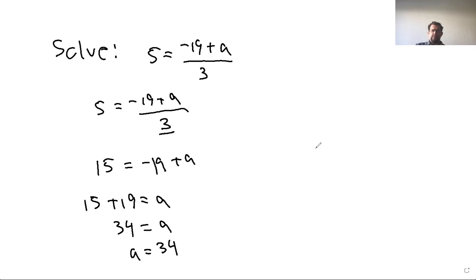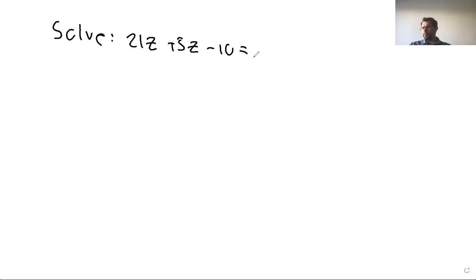We're going to have a variety of combinations that come about. We can't go through every possibility, but let's try this one, which has more terms in it. So it's 21z plus 5z minus 10 is equal to 19z plus 18.